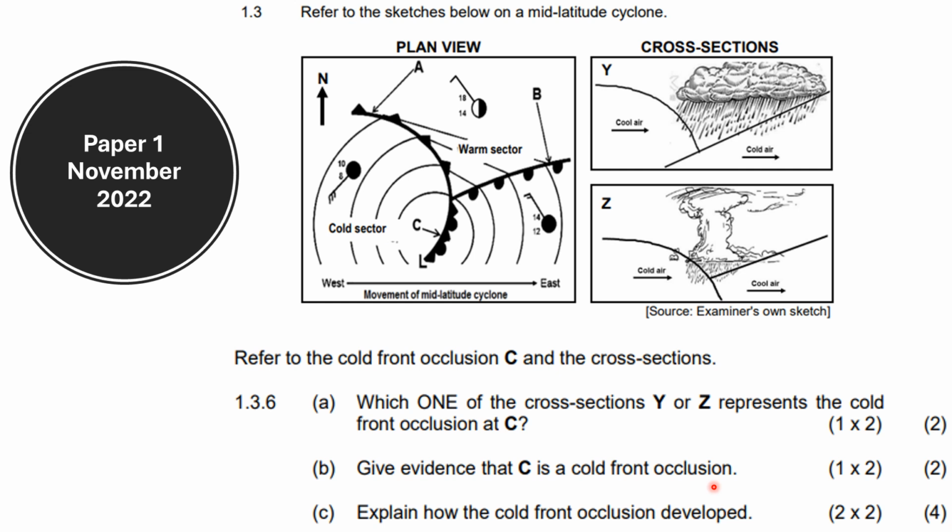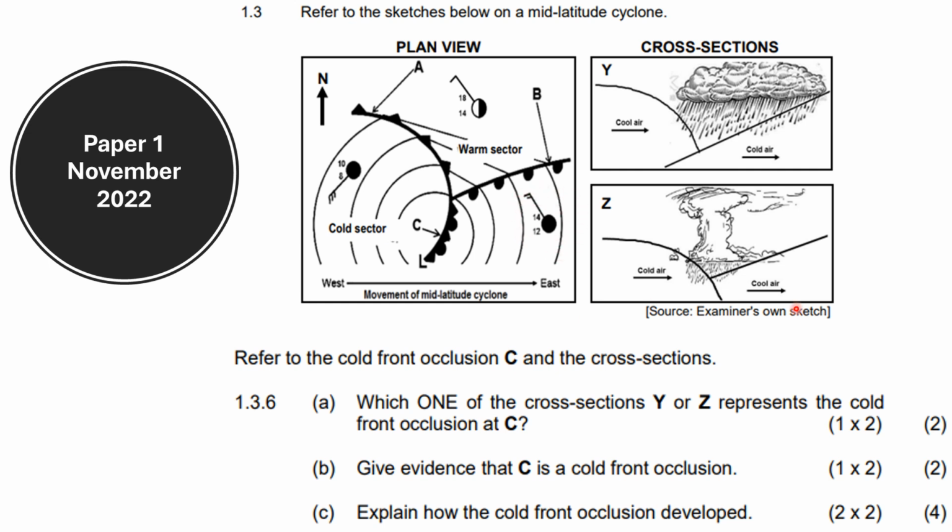What you're going to find in this instance is that we said Z. We see that the cold front is in contact with the Earth's surface, but you're also going to find that the temperature behind the cold front at this weather station is much lower than the temperature at this weather station ahead of the warm front.